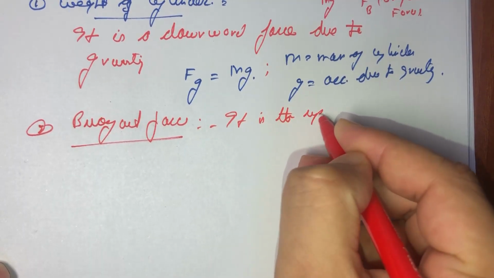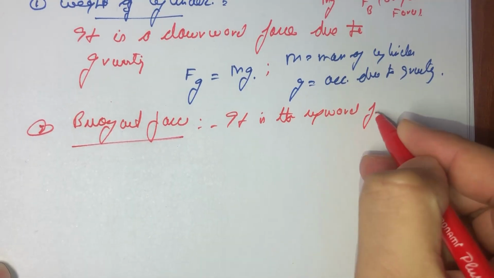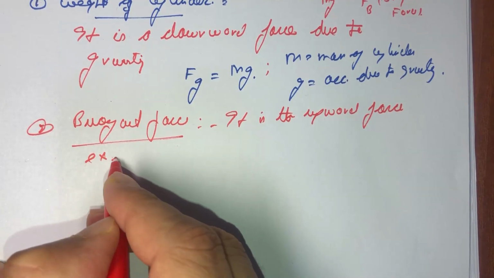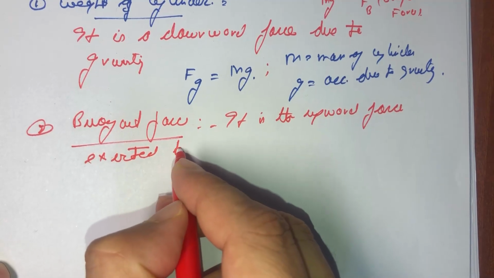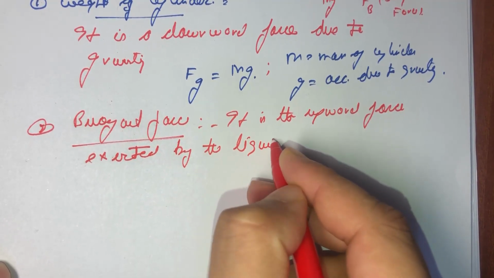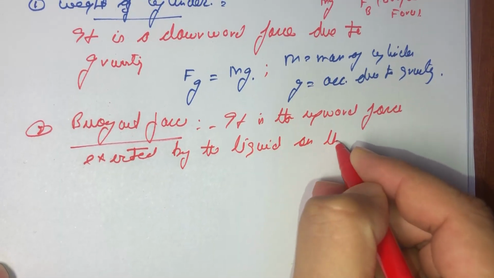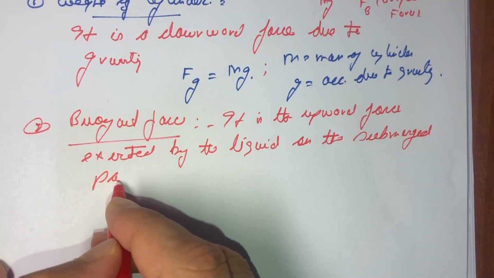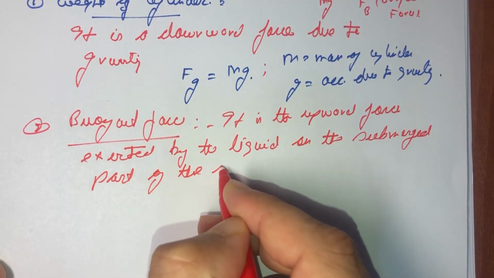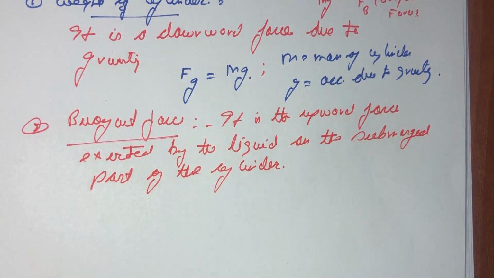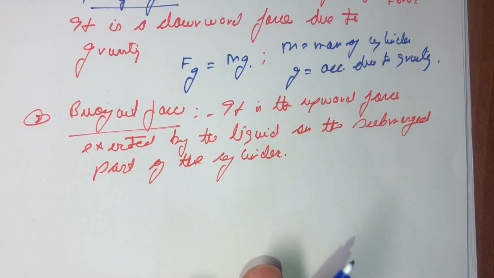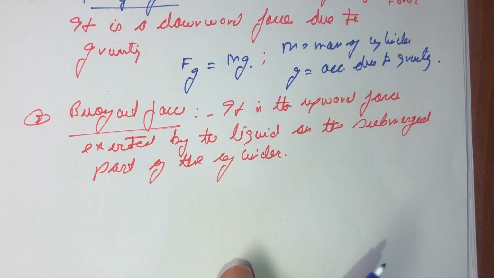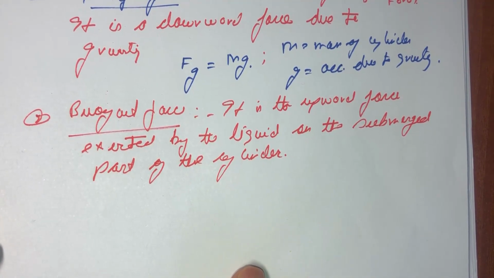So as the cylinder is half submerged, the volume of the liquid displaced by the submerged part, let us suppose is given as V displaced, and that will be equal to L by 2 multiplied by the area of cross section A.